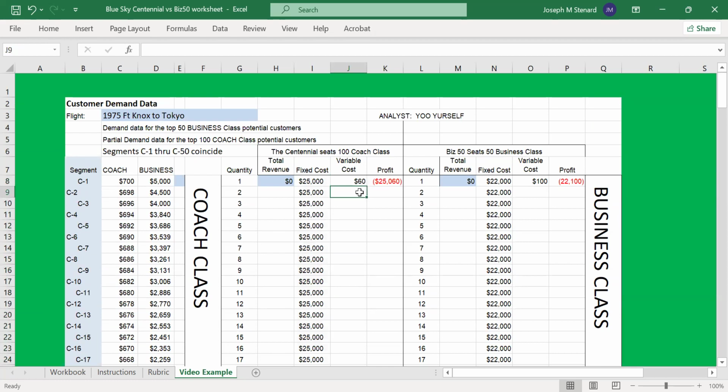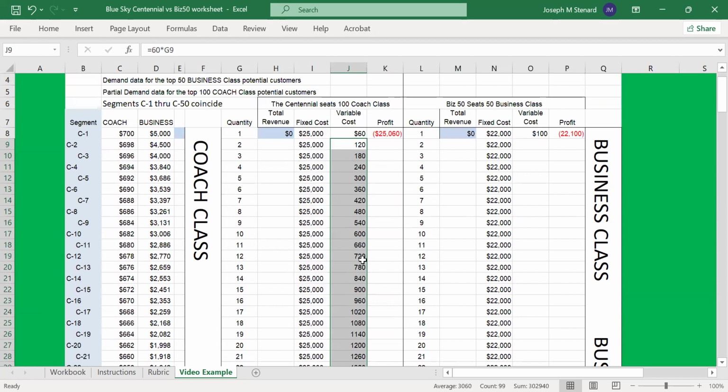And what we want to do is put an equation in that says equals $60 times however many passengers we have. So in this case, we'll use that list over here to get that value. And now that we have this, we can fill that in.